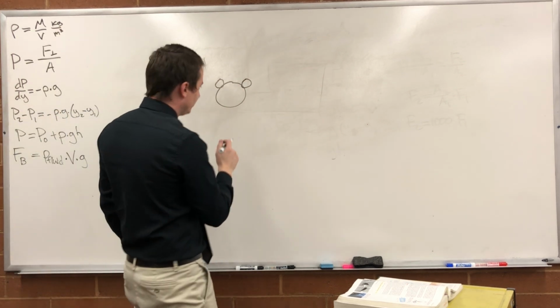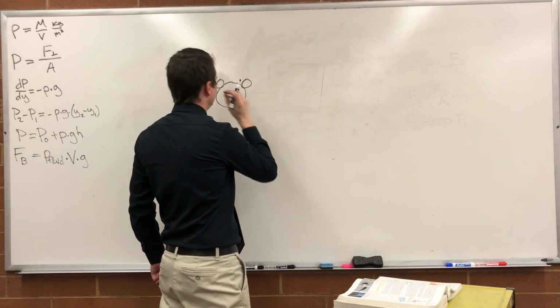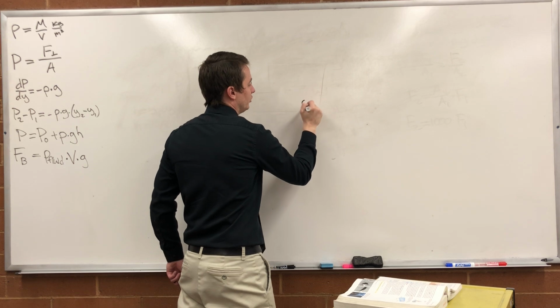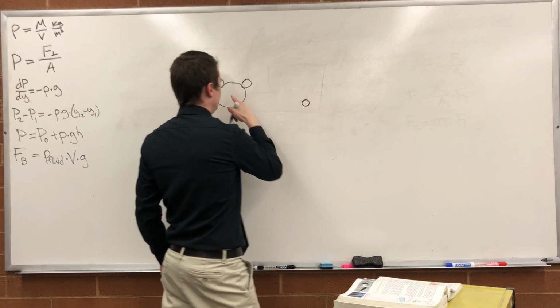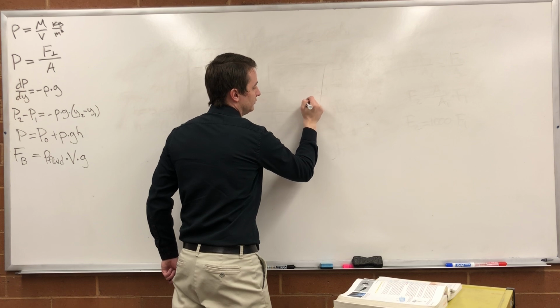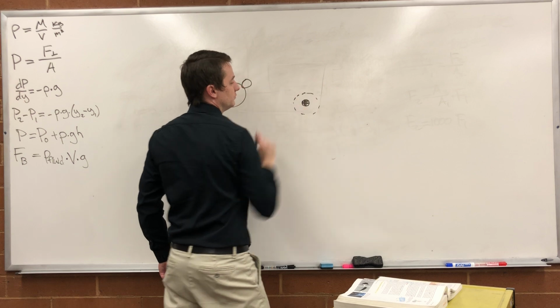Let me draw the same picture again, but here's the nucleus of the oxygen atom, and it has its protons and neutrons, right? And it has its electrons orbiting around it.